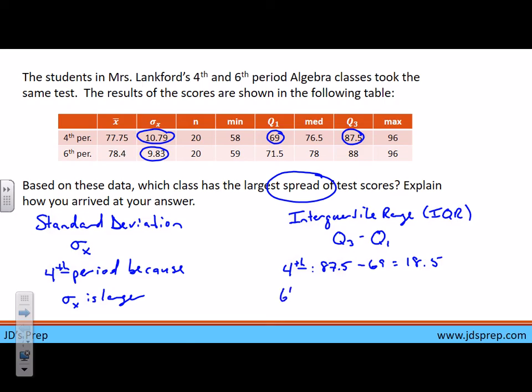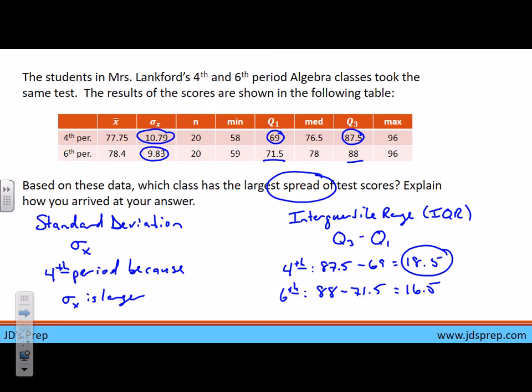For 6th period, we would take the 88 minus 71.5, and that would give us an interquartile range of 16.5. So once again, 4th period has a larger interquartile range than 6th period, so the 4th period class has a larger spread of test scores.